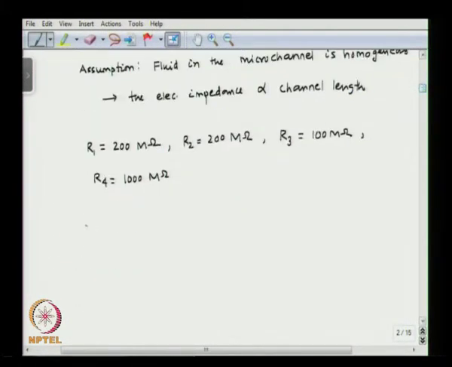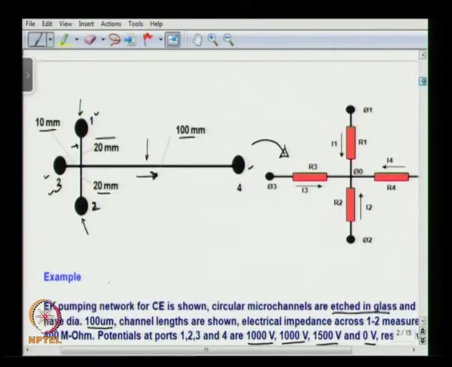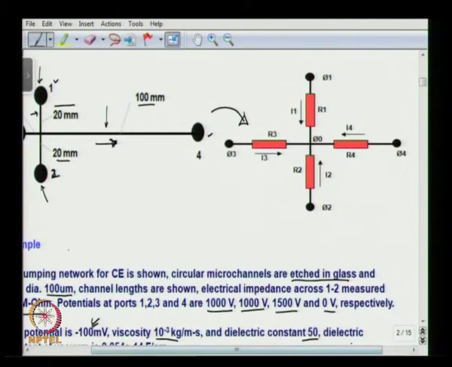So, we can analyze the system as a resistor network. Now, if we consider the direction of the potential and current, we arbitrarily define the direction of the current and the potential.